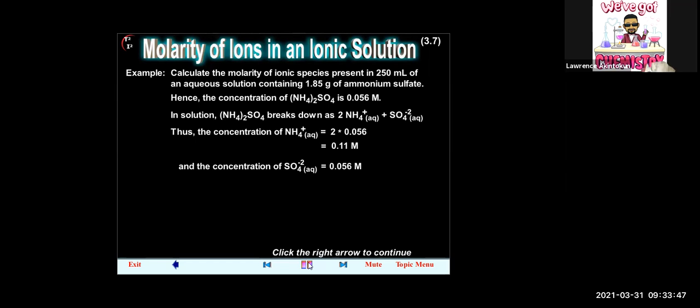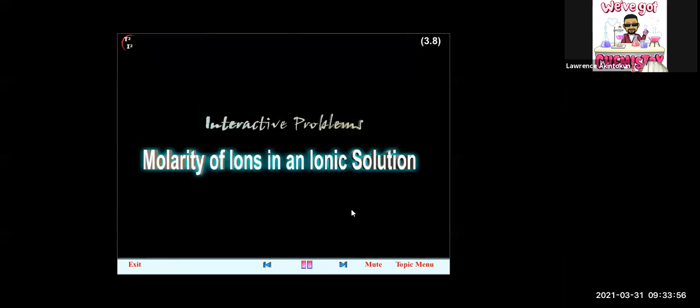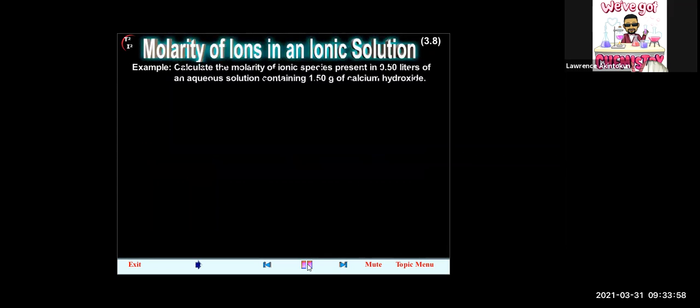I hope you are taking down notes. This is very important. They are systematic. Example. Calculate the molarity of ionic species present in 0.50 liters of an aqueous solution containing 1.50 grams of calcium hydroxide.